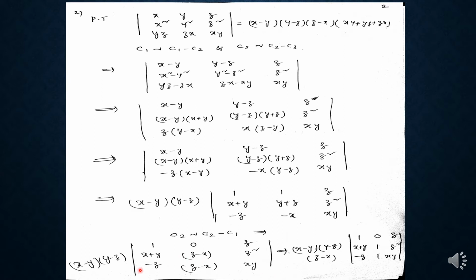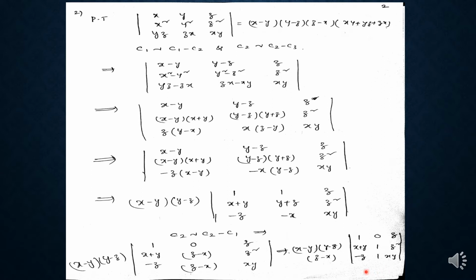Now the third column is z, z², xy. So by taking z − x out, this determinant becomes (x − y)(y − z)(z − x) into the determinant with rows 1, x + y, −z; 0, 1, 1; z, z², xy.